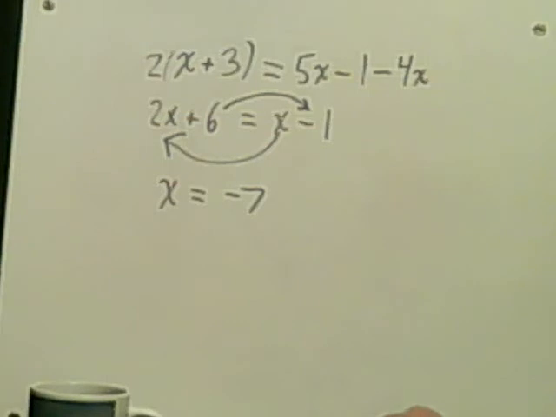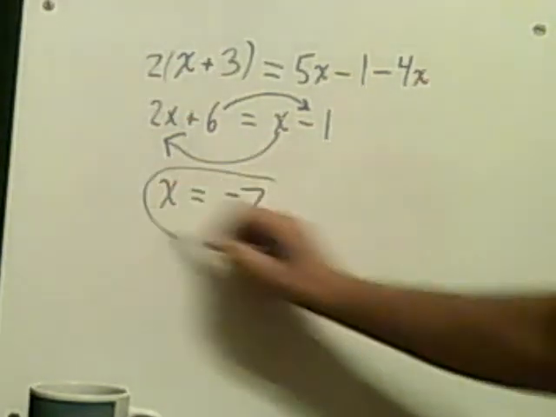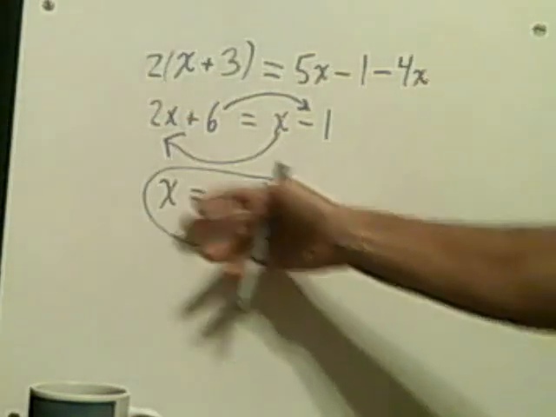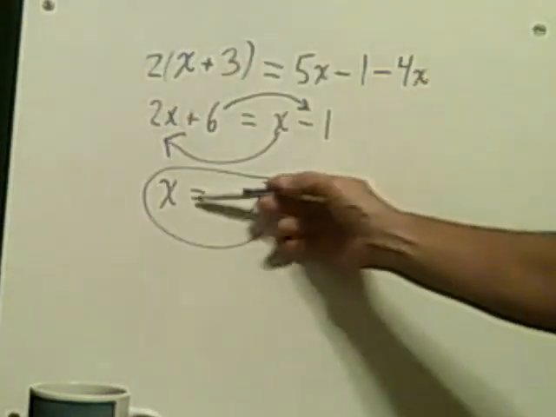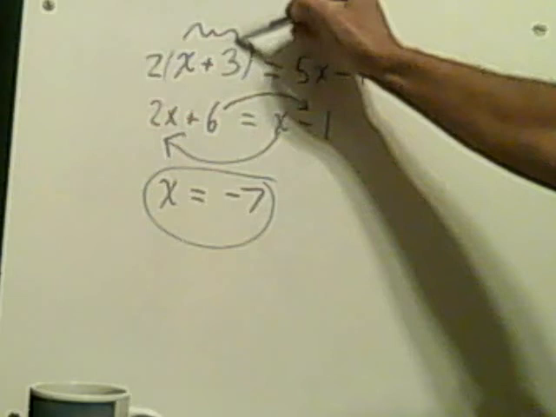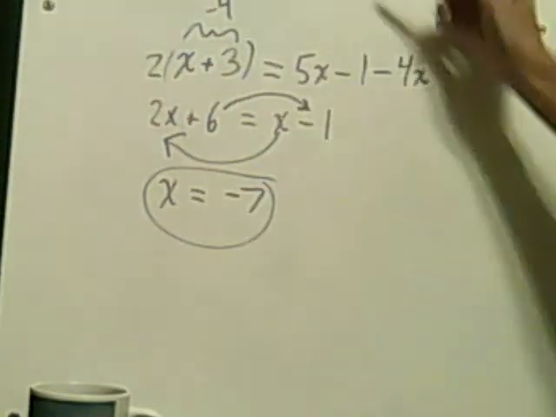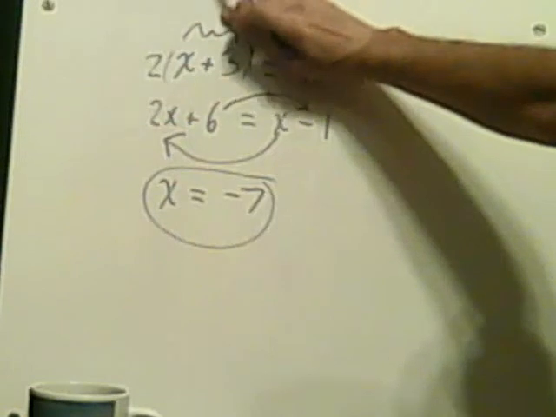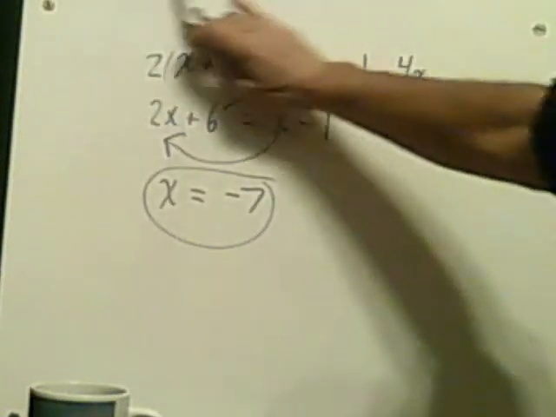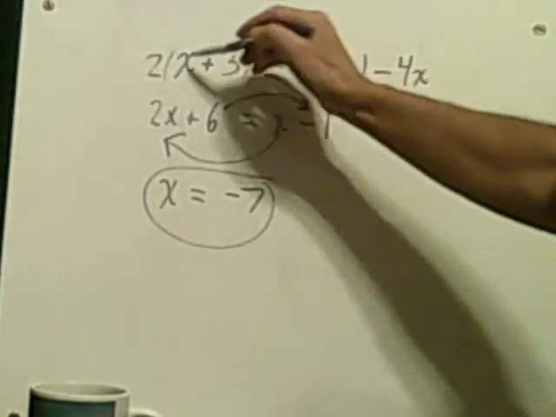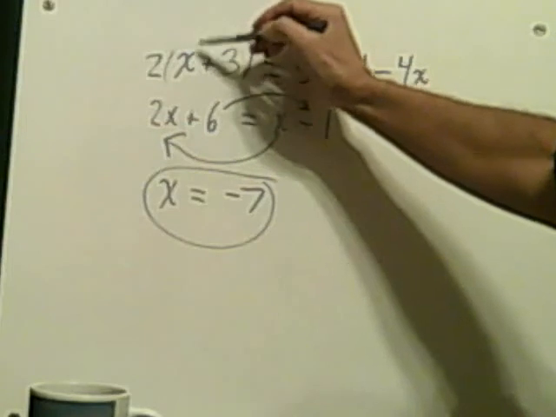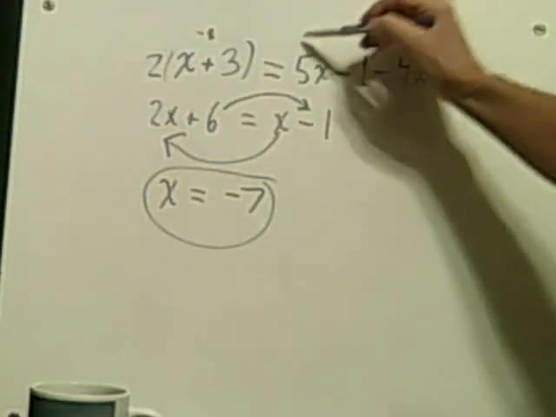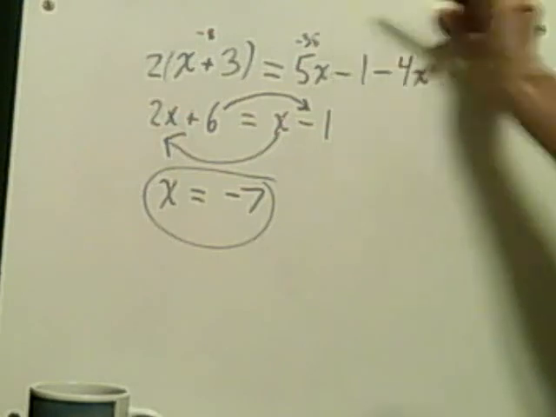And one thing that we can do here now is a very common technique, to check your answer after you've gone through the algebra. If x were negative 7, this would be negative 4. This would be negative 8, for example. 5 times negative 7, that's negative 35.